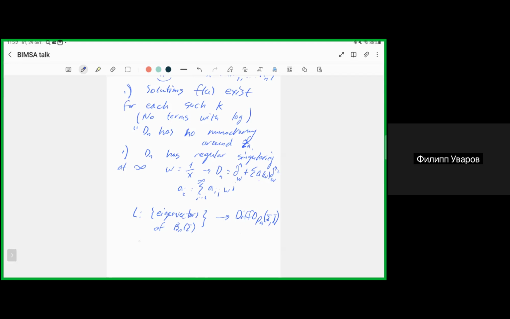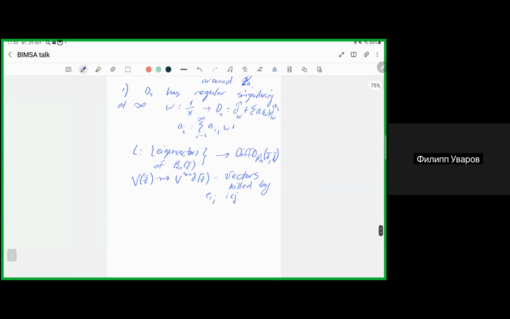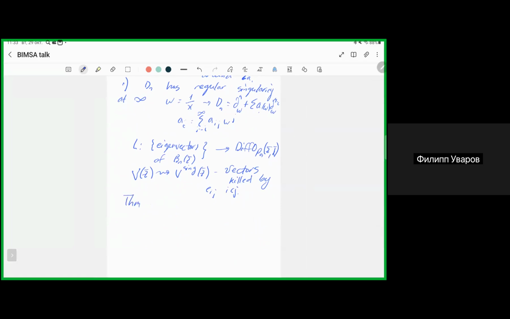So I actually need to consider not V of Z, but rather singular vectors, which means vectors killed by Eij with I less than J. And then the theorem, which can be called the Bethe ansatz theorem, says that L restricted to V singular, so singular eigenvectors, is a bijection.